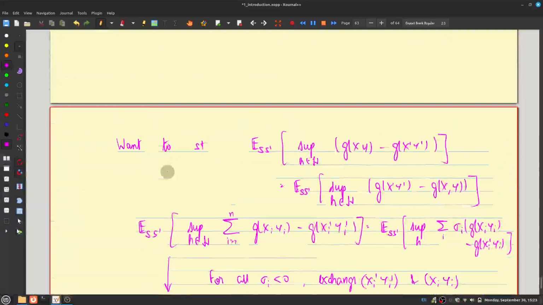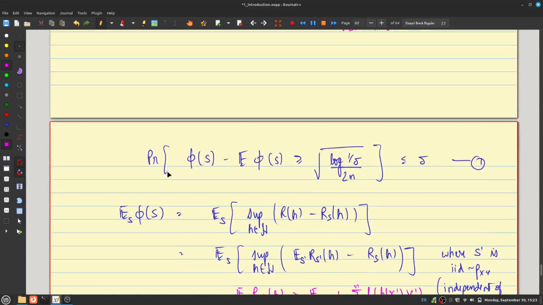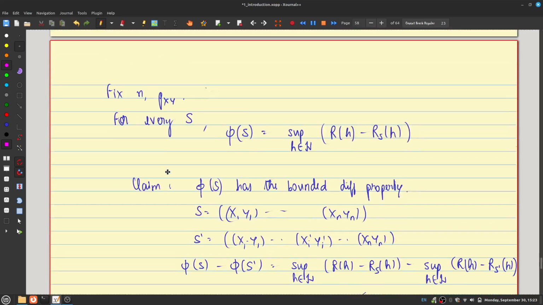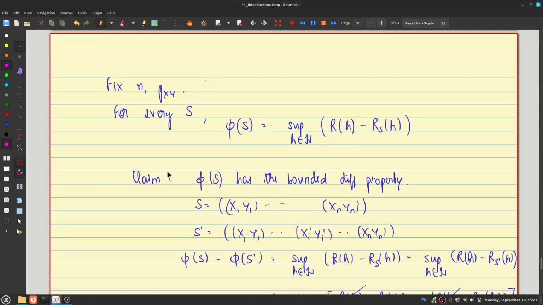Irrespective of what the underlying distribution is, I want to make some statement about this P of S. Xi is always a random variable, there's no doubt about that. I'm saying that the same statement holds irrespective of what the distribution of xi yi is.